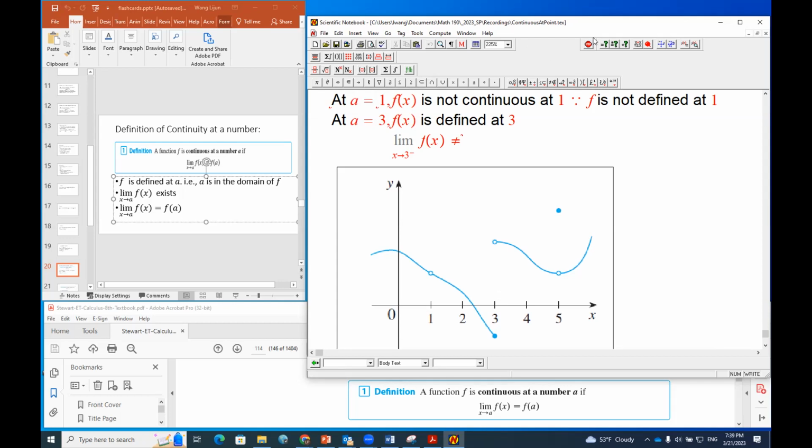It's not the same because when we look at the limit approaching 3 from smaller than 3 versus approaching 3 from greater than 3, these two limits, the first limit is here, and the other limit is approaching from the right.